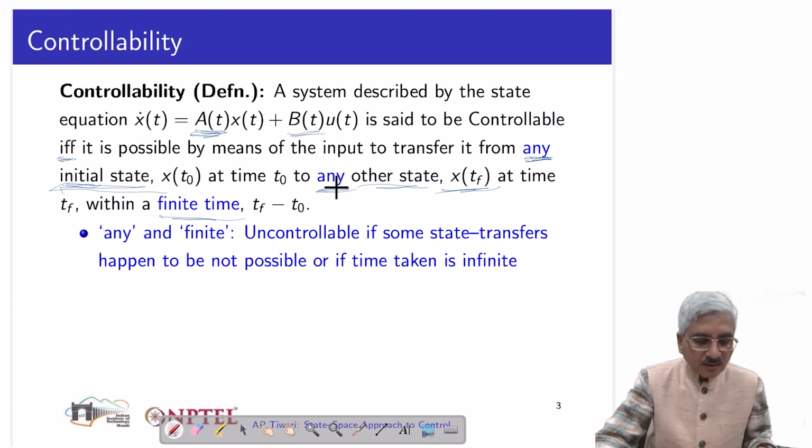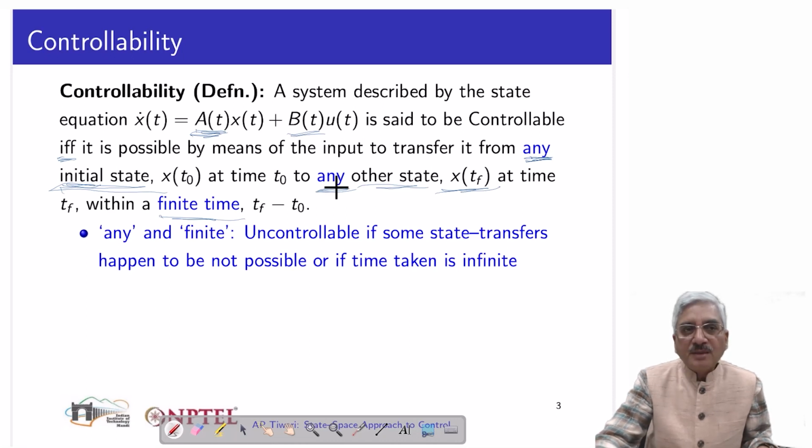So what it means is that all the points in the state space which one may think of, from there to all other points in the state space one may think of, the state transfer should be possible. So any implies all the various points.